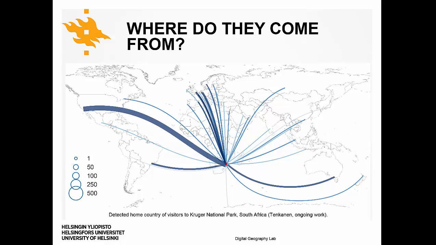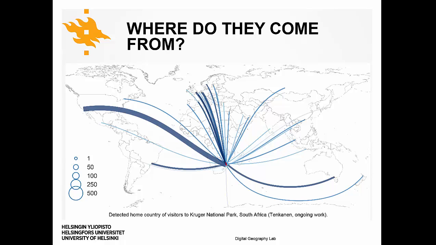When we've been comparing the statistics of the data that is collected from the visitors and what we see from social media, again there is not a perfect correlation, but there is some connection, so that the most popular source countries, for example for Finnish national parks and Kruger Park, which we've been analyzing, seem to be the same both in social media and in the actual data that we get from the officials. So we believe that we might to some extent be able to say where people come from by tracing back their posts and the different geotags that they provide.